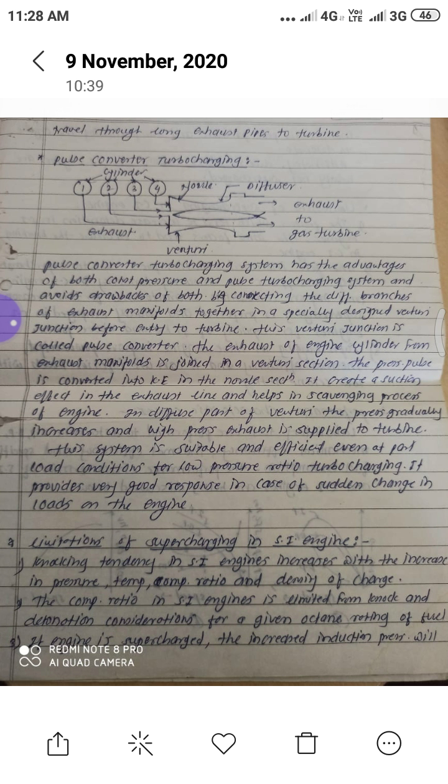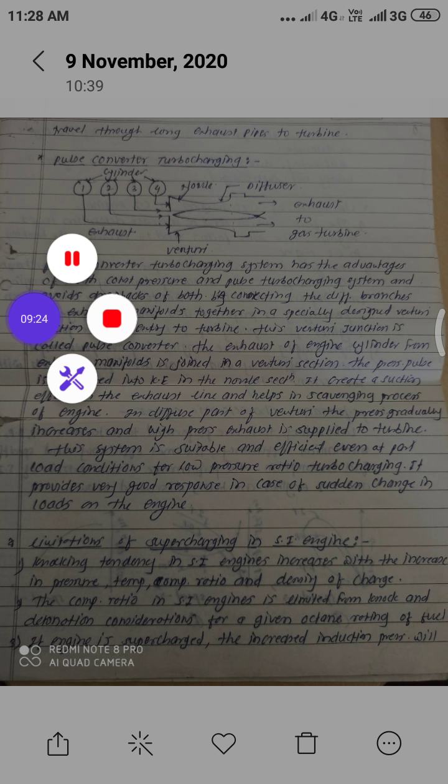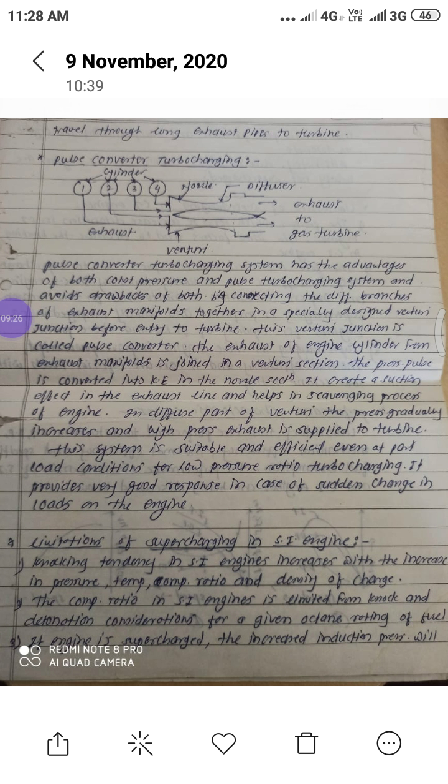Similarly, we cannot increase the compression ratio in an SI engine, because as the compression ratio increases, the pressure and temperature inside the engine cylinder increase, and as the pressure and temperature increase, the auto ignition tendency of the charge increases, and that is nothing but knocking tendency or detonation tendency increasing. Due to this reason, supercharging is generally preferred for compression ignition engines, not for spark ignition engines.